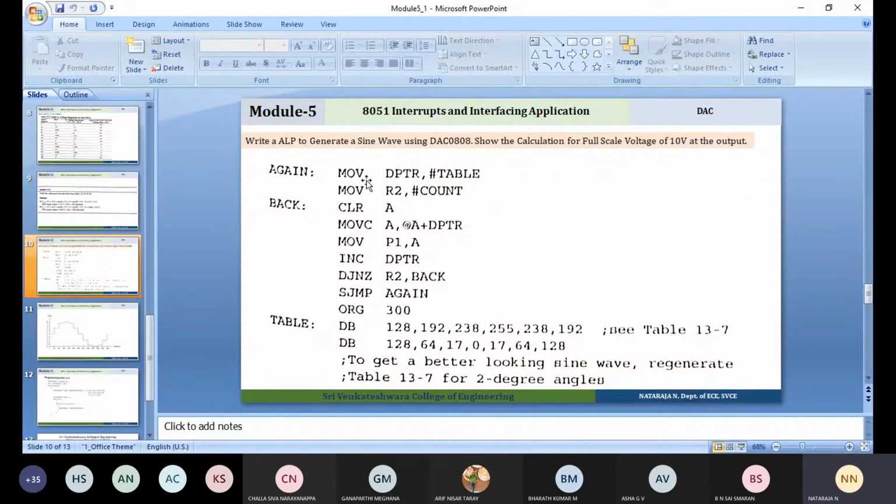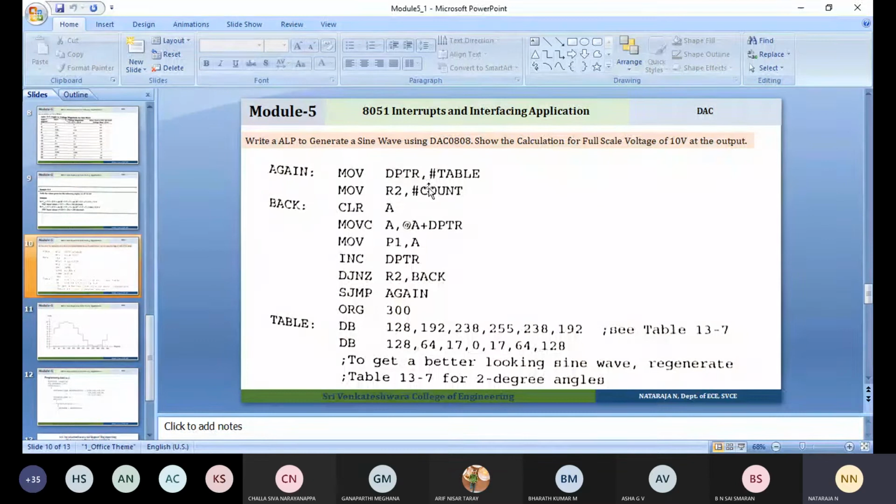Now MOVC. See here, MOV is different, MOVC is different. What is the difference between MOV and MOVC instruction? When you want to copy the content at A plus DPTR to the accumulator, we use MOVC A, @A+DPTR.